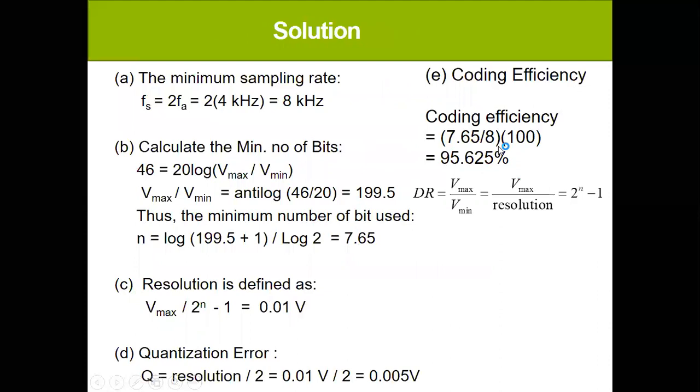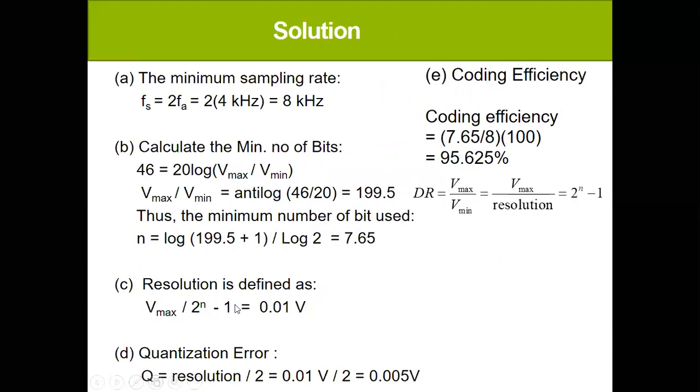So we can very easily find 2 to the power n minus 1, where n value is this. Okay, so we can calculate Vmax divided by 2 to the power n minus 1, which is 0.01 volt. This is the resolution. Resolution means delta V.